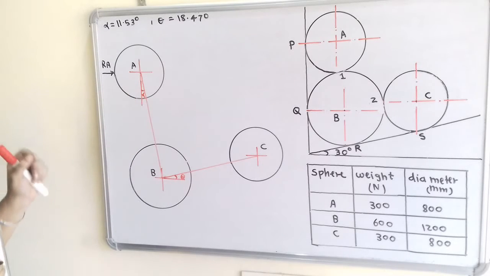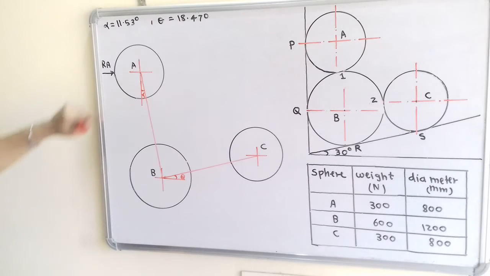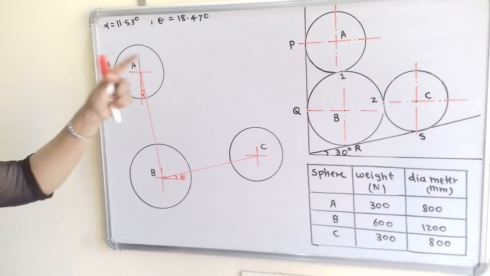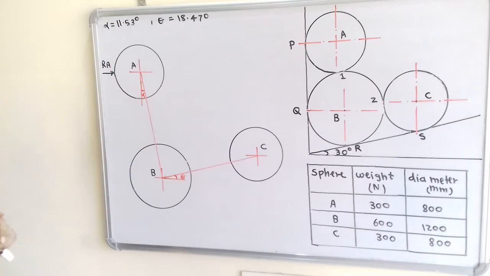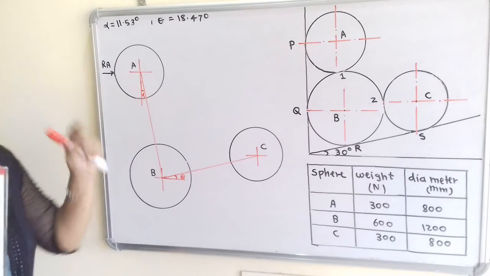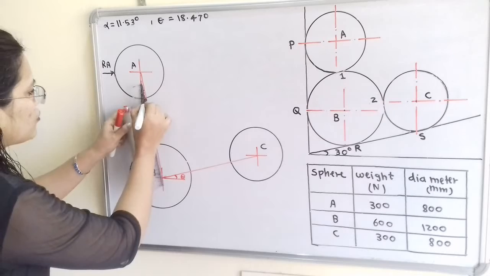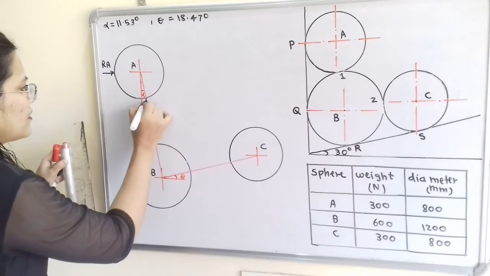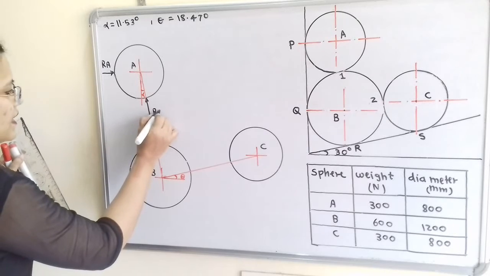So how to show this reaction? This reaction is along the line joining the centers A and B, because spheres A and B are in contact at point 1, and this reaction is also passing through the center, that is A. So we have to show here, and the point of contact is 1, so we will call it R1.